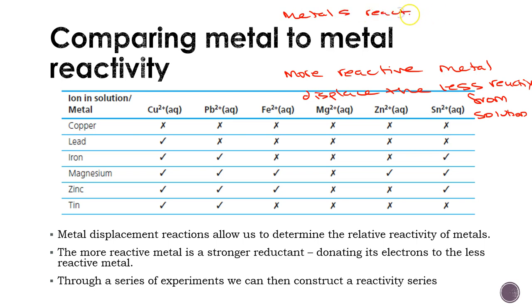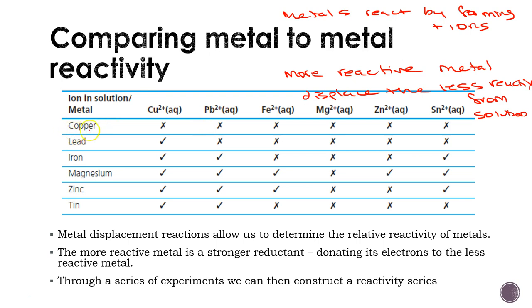Okay, they react in an oxidation process. They must lose electrons. They form positive ions. Okay, so that means that they need to be able to give away those electrons. So the more reactive metal is going to be more readily able to give away its electrons, and it will give them away to something that is a less strong reductant, okay, that is being forced to take those electrons.